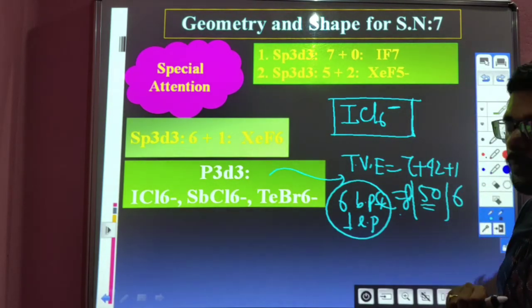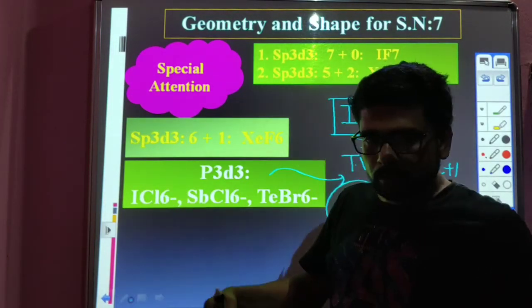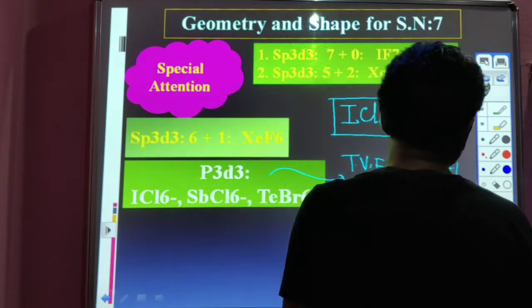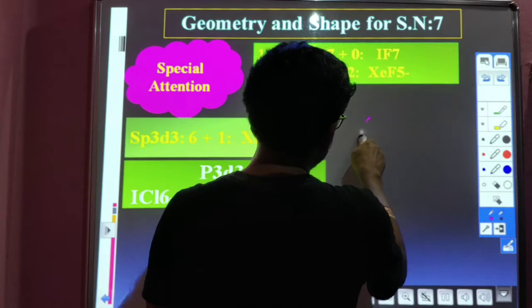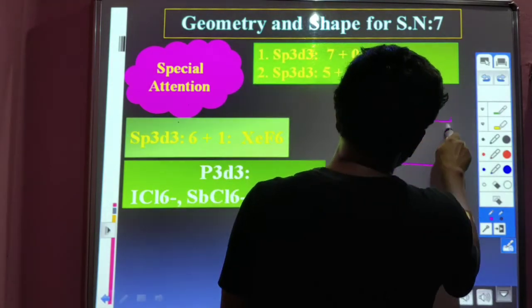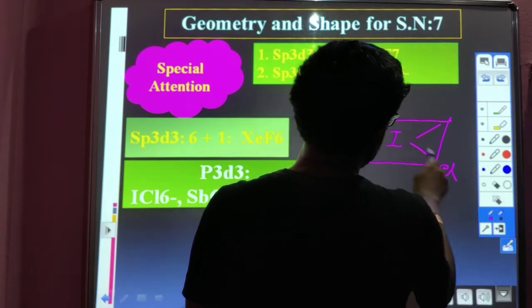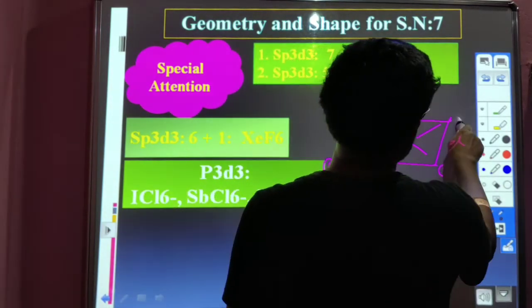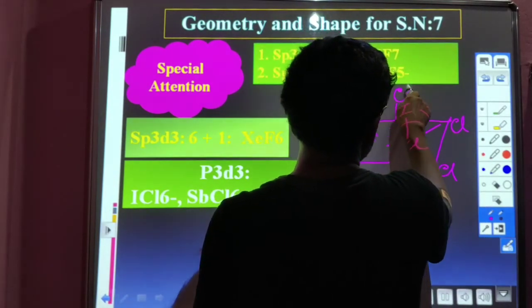But whenever the bonded atom is bigger in size, what will happen? You just see. Draw this one. Like this is I. This is Cl, this is Cl, this is Cl, this is Cl, this is Cl, and this is Cl.